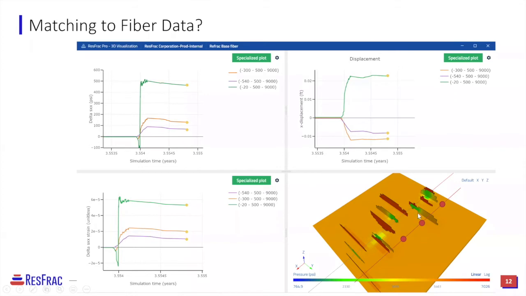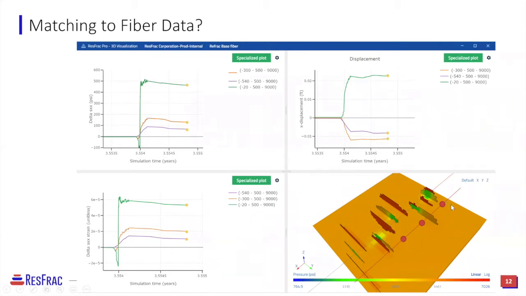But what I did is, here's that same refrac model. I put in a line of stress observation points to represent an offsetting well. I think I have about 30 different points along this well in which I'm measuring stress, displacement, and strain. But just to plot, I picked 3.